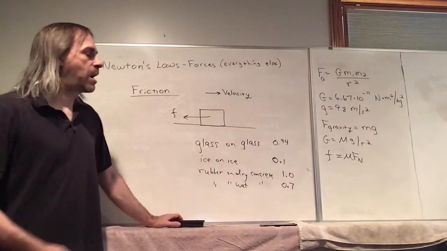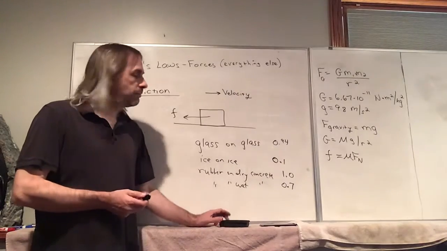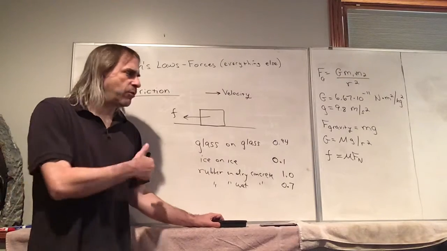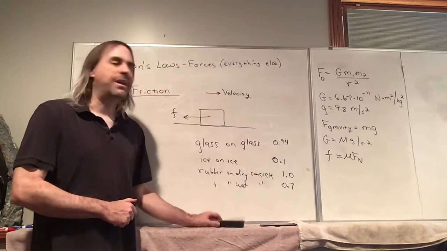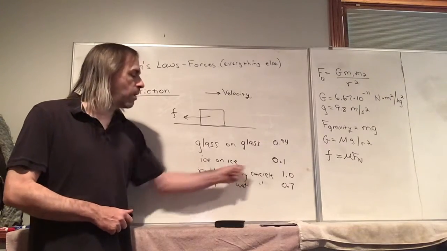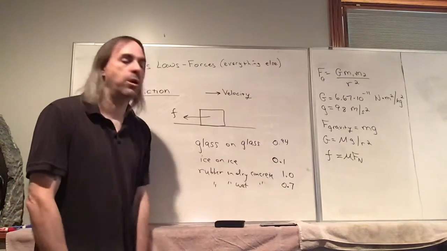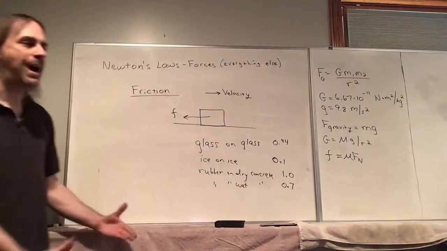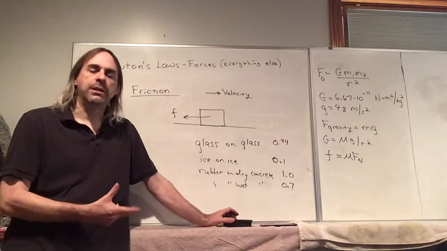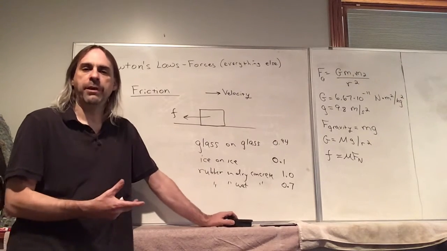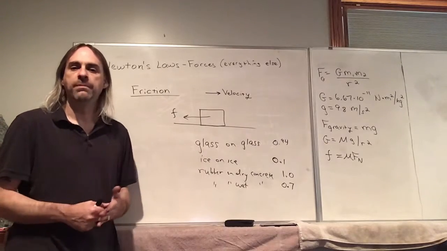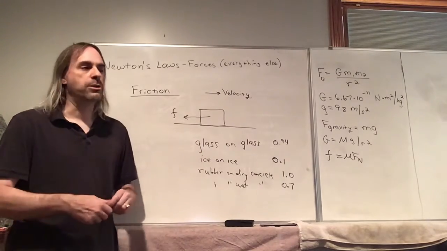And whenever you look up data in a table like this, you always have to read the fine print because these are taken under certain conditions. Like rubber on dry concrete, it says 1.0, but there are different types of rubber. If you ever watch car races on TV, before the race starts, when the race cars are all at the gate waiting, notice they're spinning their tires a lot.